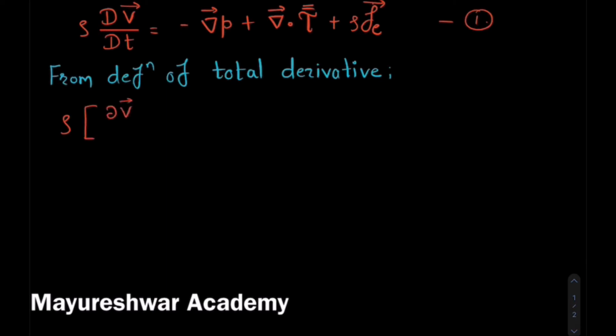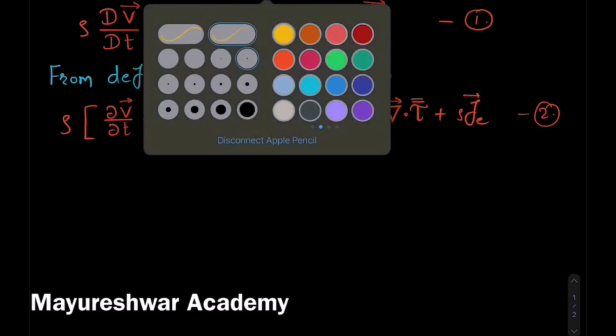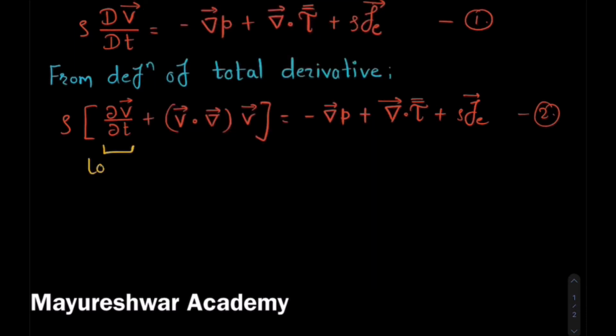We can write it in the form dv bar/dt, which is the local derivative, plus v bar dot del bar operating on the velocity vector, is equal to the same part, which is the pressure gradient, and then the shearing stress terms along with the normal stress terms, plus rho times the body force.